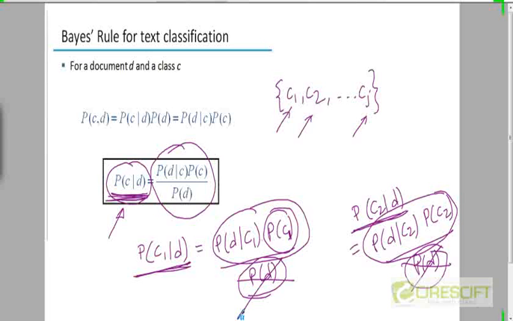Can you predict which class this new document is going to fall into? Now, let's say you don't look at the contents of that document at all. The contents of the document is the evidence based on which you will get hints about what class it belongs to. So let's say that you haven't yet seen the contents of the document. How would you predict which class it belongs to?